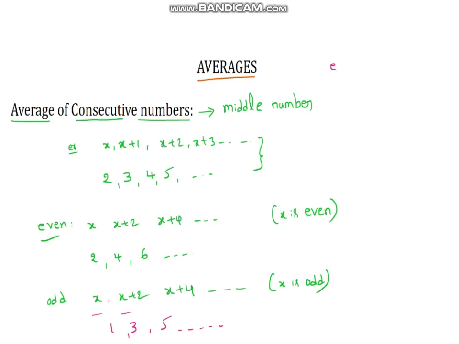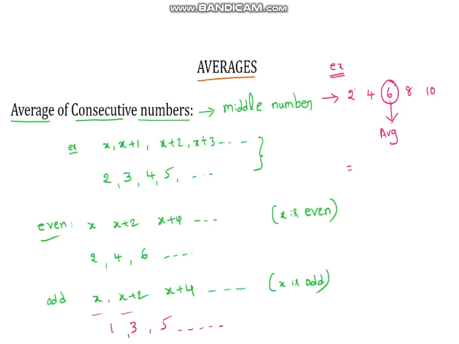Let us take an example. 2, 4, 6, 8, 10. These are 5 consecutive even numbers. What is the average of these consecutive numbers? See here, what is the middle number? 6 is the middle number. Always for consecutive numbers, the average is the middle number. 6 is the average.